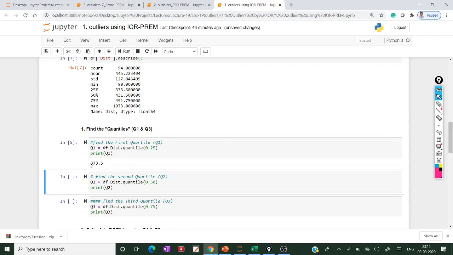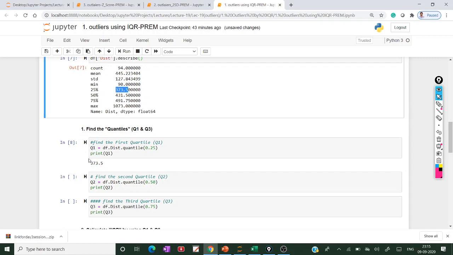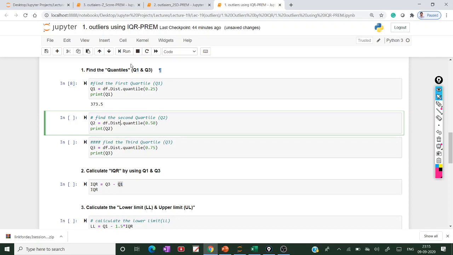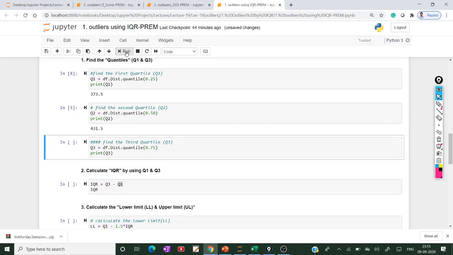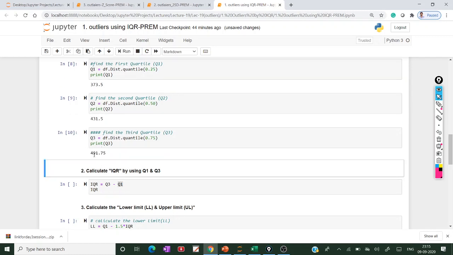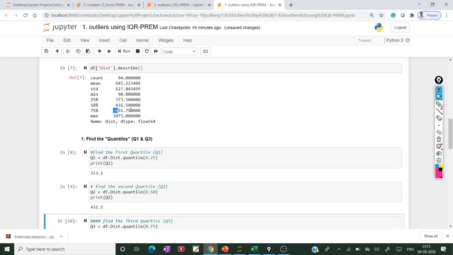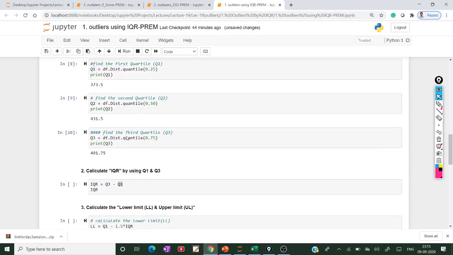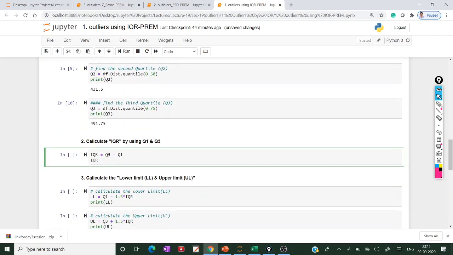This is 373.5. If you see, both are the same, 373.5. So the 25th percentile is nothing but quartile 1. Similarly, quantile 3 is 491.75.